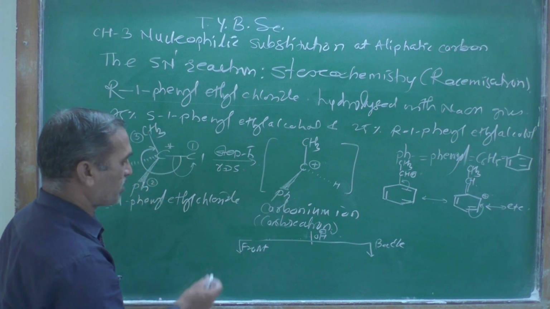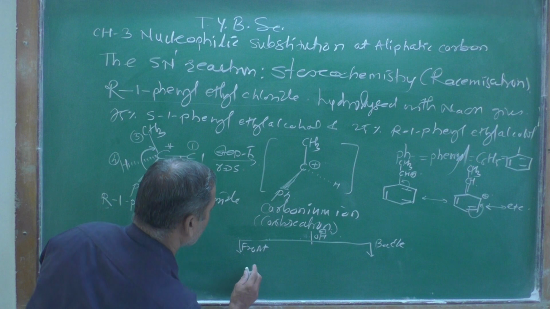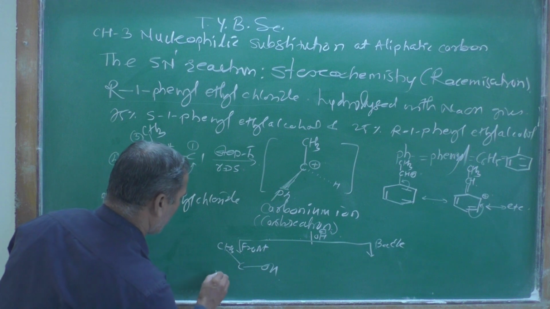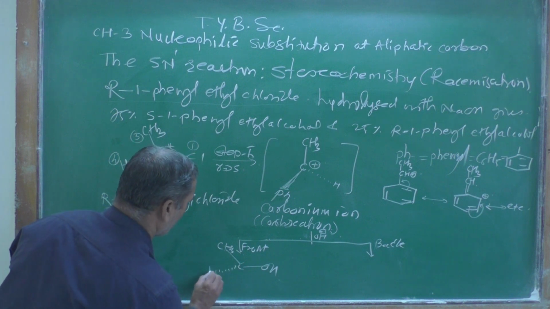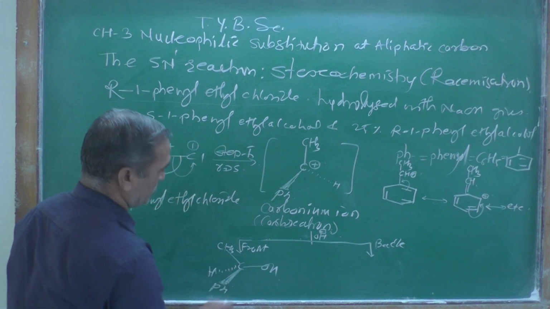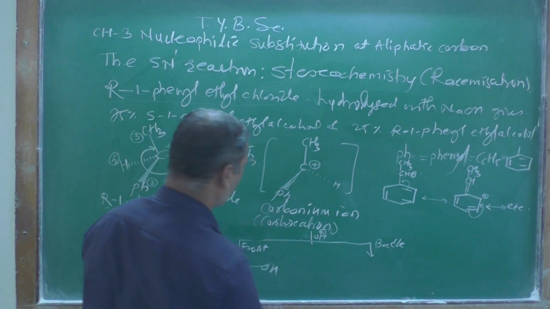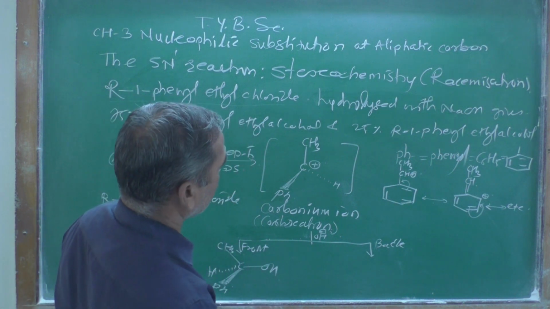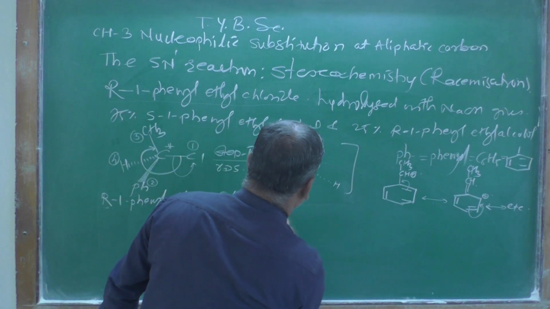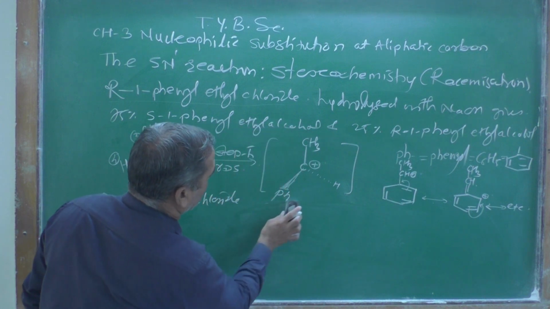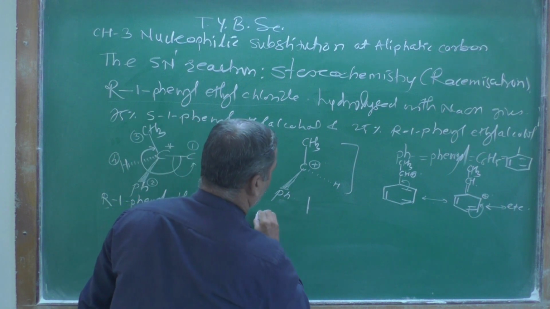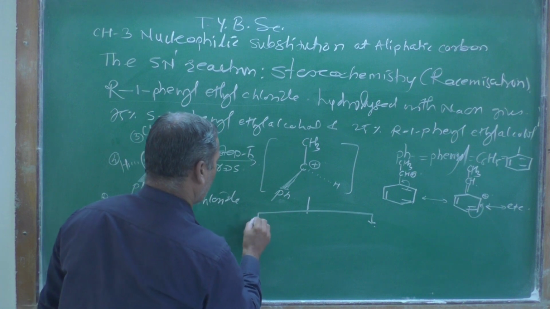When it attacks from the front side, suppose OH is here, one methyl group is here, the hydrogen atom we normally show like this, and the phenyl group we can show here, Ph. This is one of the compounds.